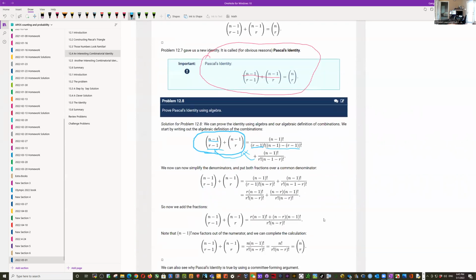Then when you simplify it, you try to find the common denominator.